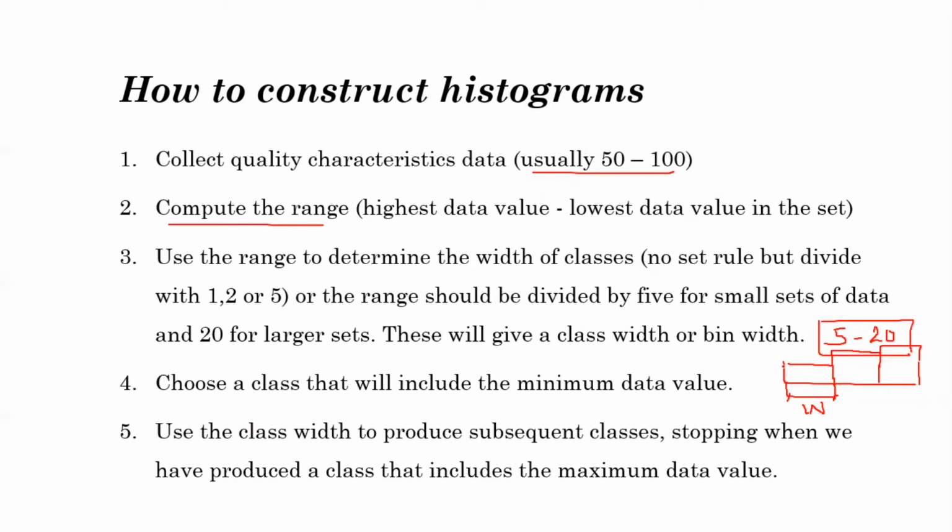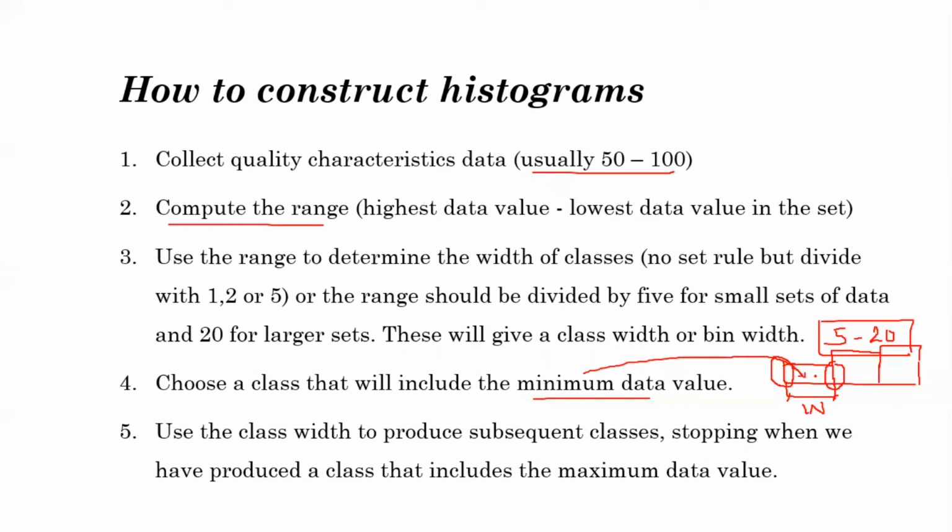Then, when you choose the boundaries for the first class, this is the lower boundary and this is the upper boundary for the first class. You need to make sure that the minimum data value, the lowest value, is included in the first class.